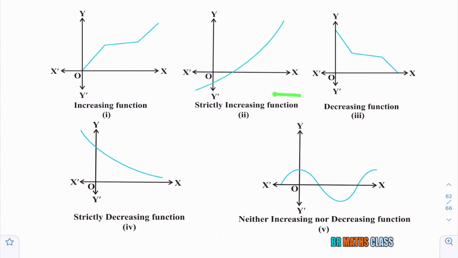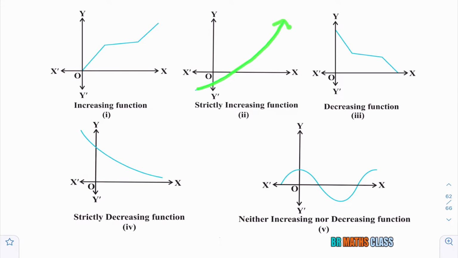You observe here, this is a strictly increasing function. I'll tell you the difference between strictly increasing and increasing function. First you try to understand what is a strictly increasing function. As x values are increasing, you can observe that functional values are strictly increasing. There is no way this graph is stationary. See, from the beginning itself, this is an increasing function. Very nice graph actually.